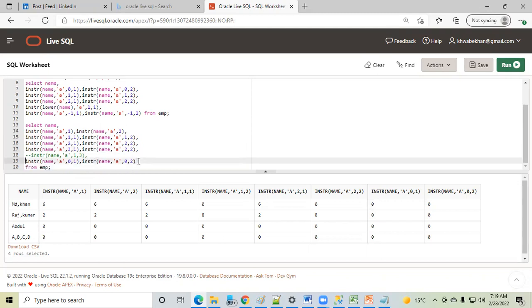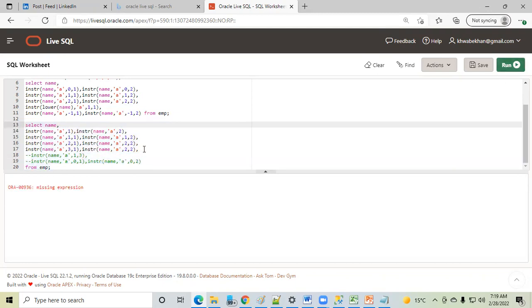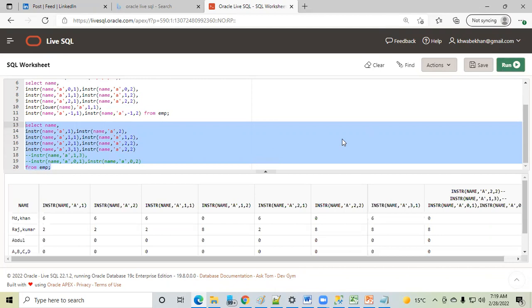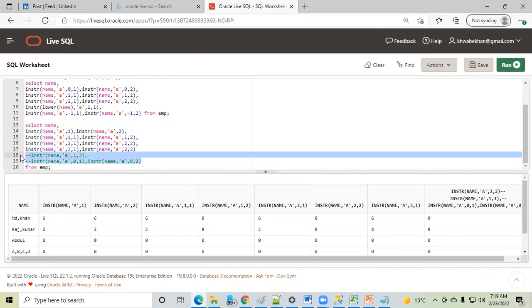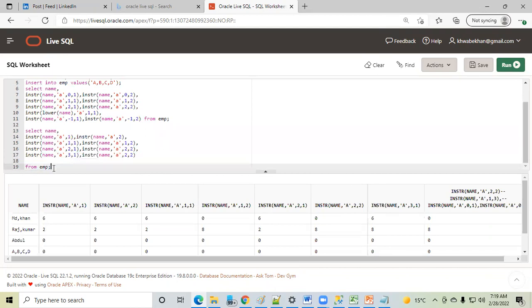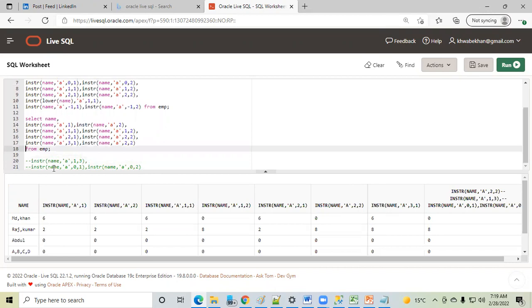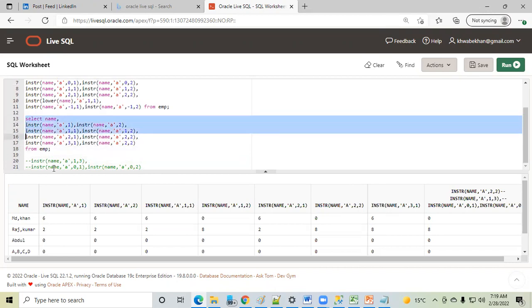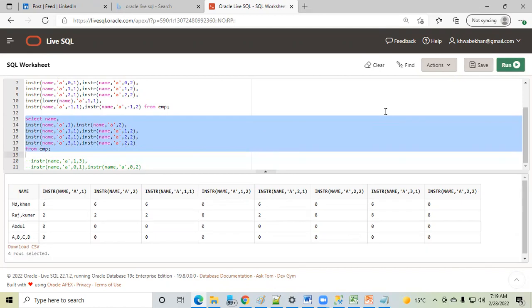0, 1, let's keep this bar for the time being. Let's concentrate here. Missing expression again, I missed something. Perfect.